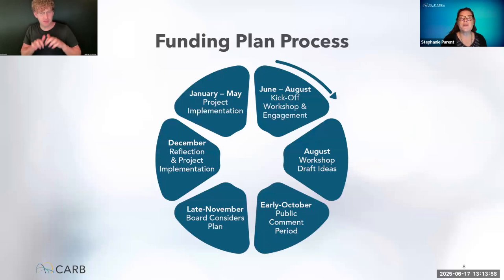This slide shows the funding plan development timeline, which aligns with the state budget development timeline. Our June kickoff workshop, which is today, begins the official process for us to collaborate to develop the funding plan, with mid-June to mid-August being our main time to do that, as well as the formal 30-day public review and comment period from about mid-October to about mid-November to review the proposed plan before the board meeting.